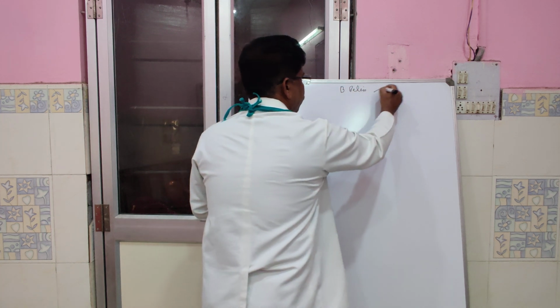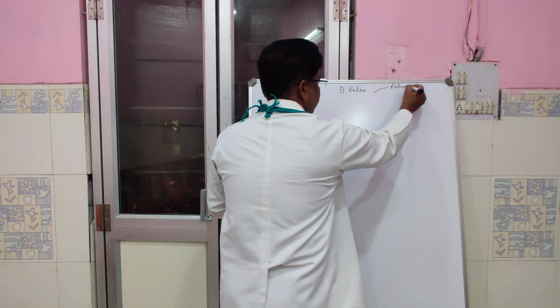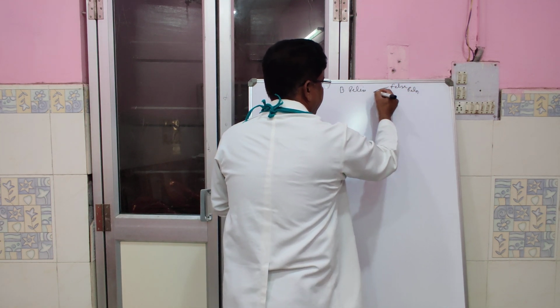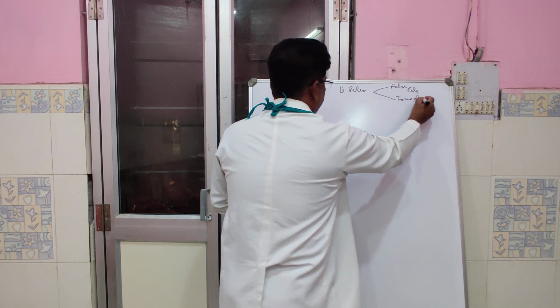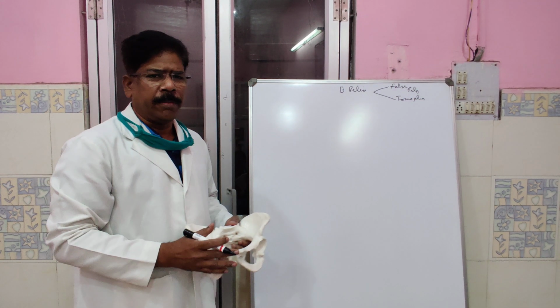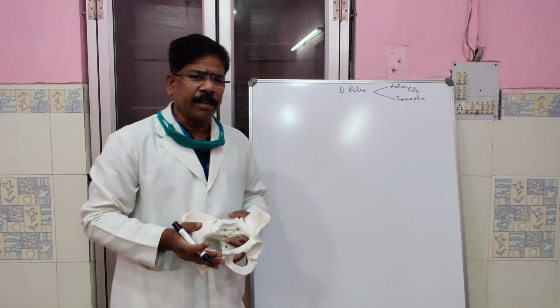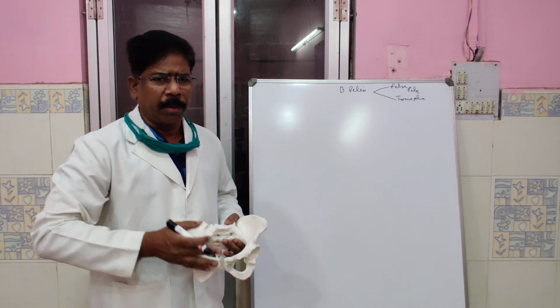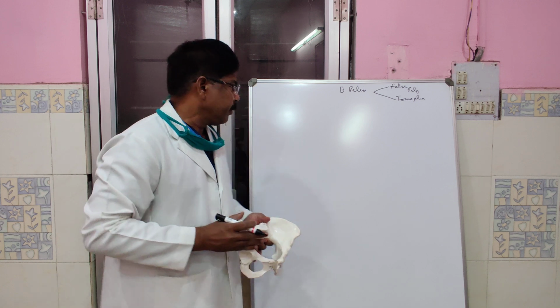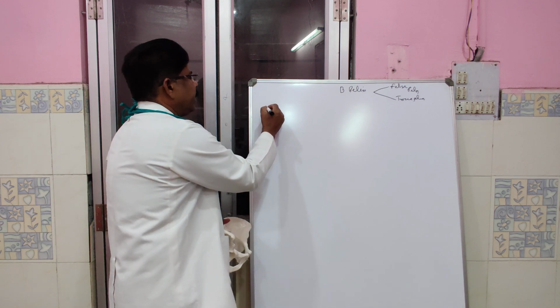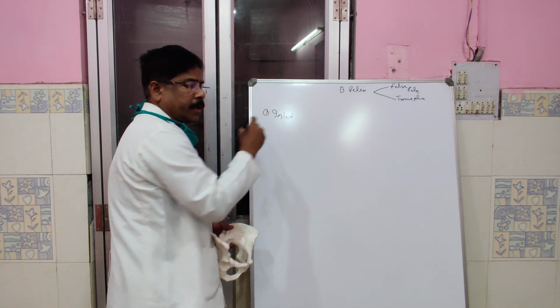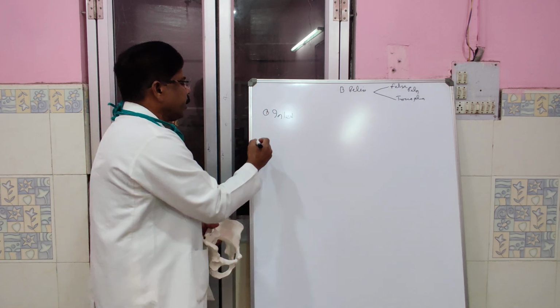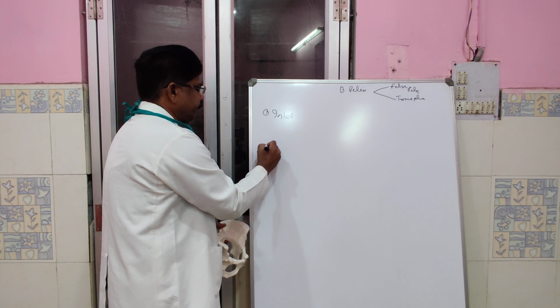which is divided into the false pelvis and the true pelvis. Now, inside the true pelvis, there are certain important things we should be aware of. The first one is the inlet. The second one is the cavity.